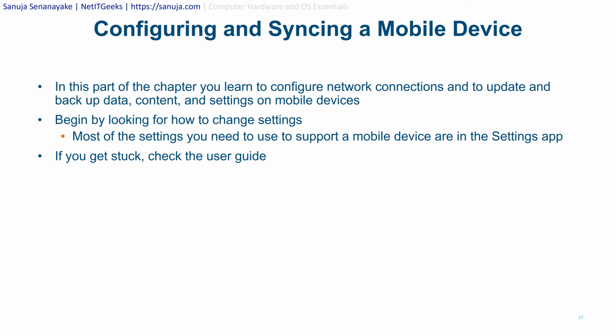Most of the settings you need to support mobile devices are in the settings app, whether it's iOS, Android, or Windows Mobile, in case you come across Windows Mobile, even though it is now a phased out operating system. Most of this kind of syncing information on mobile devices can be found under the settings app.